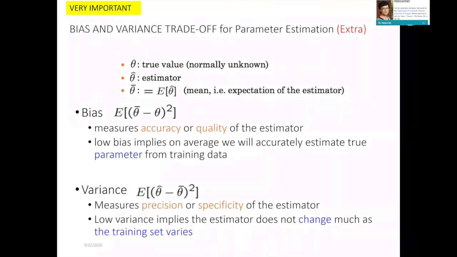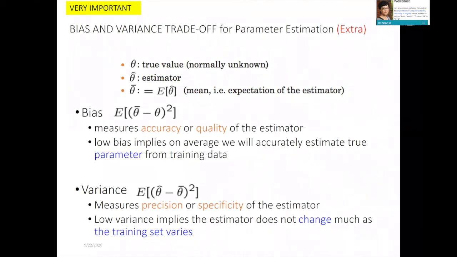Bias measures the accuracy, the quality of your estimator: how close on average is your estimator to the truth? Low bias implies that on average we will accurately estimate the true parameter from the data. Variance measures how precise your estimator is. Low variance implies the estimator does not change much as the training set varies.